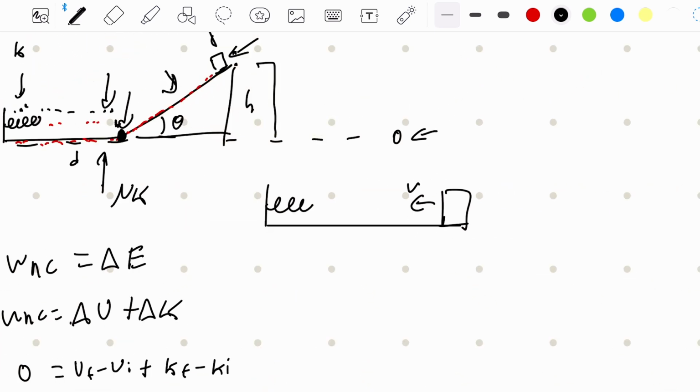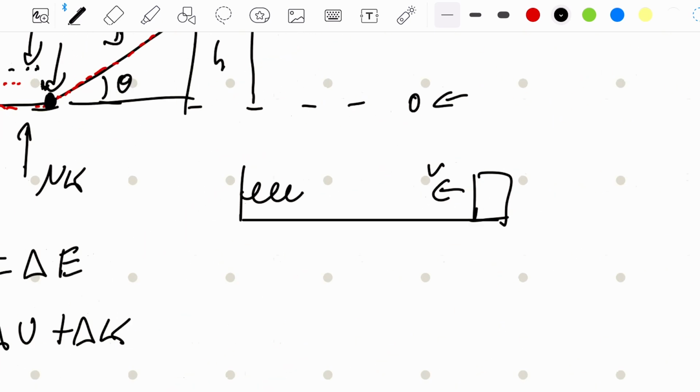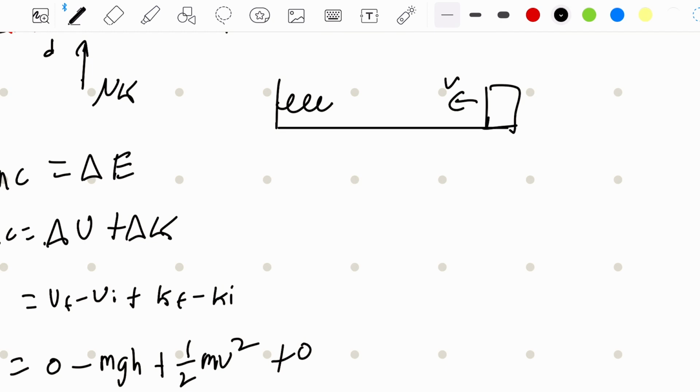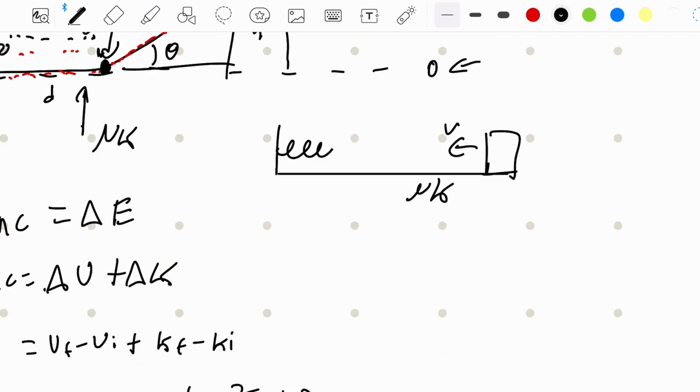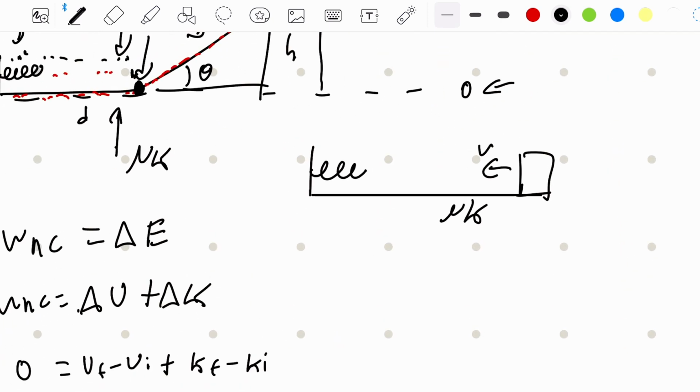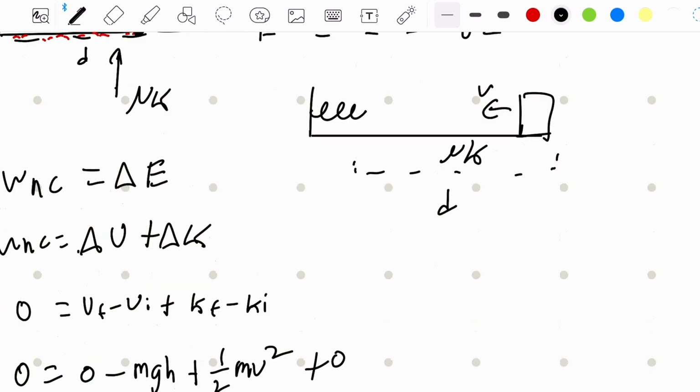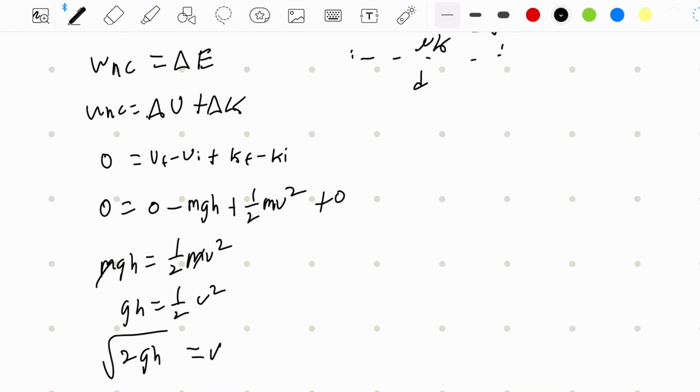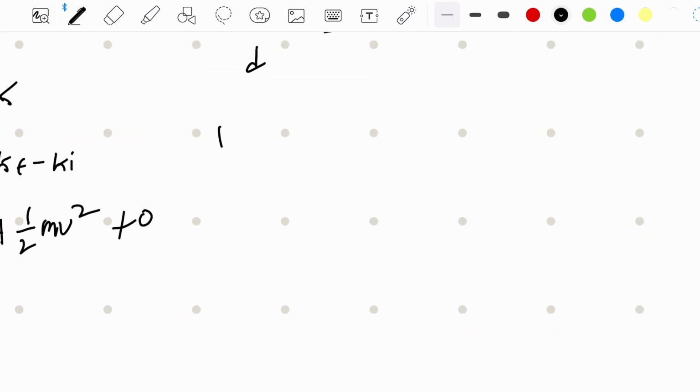There's some coefficient of kinetic friction. We want to know, and this is some length d to the beginning of the spring, what velocity it keeps when it actually starts compressing that spring. So let's do that. So we go again. W non-conservative is equal to delta E.